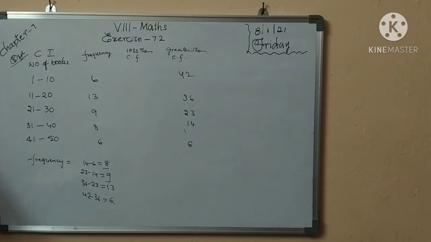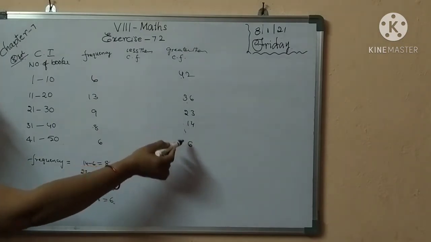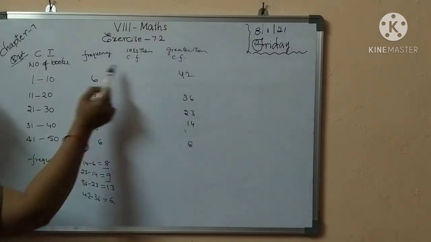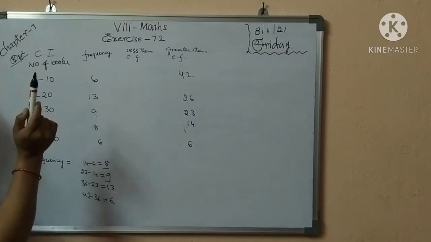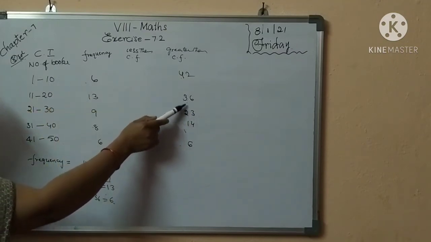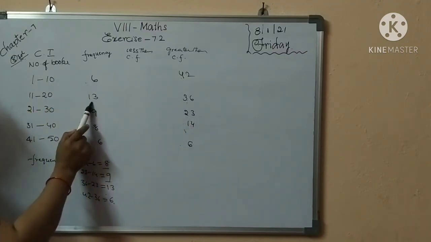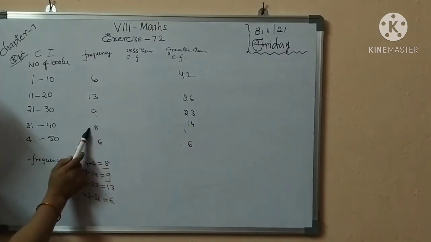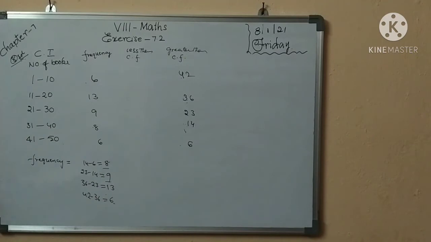That is the frequency. Did you understand, children? The consecutive values: 42 minus 36, the difference is 6. Next, 36 minus 23 is 13, 23 minus 14 is 9, 14 minus 6 is 8. As usual, write the 6.